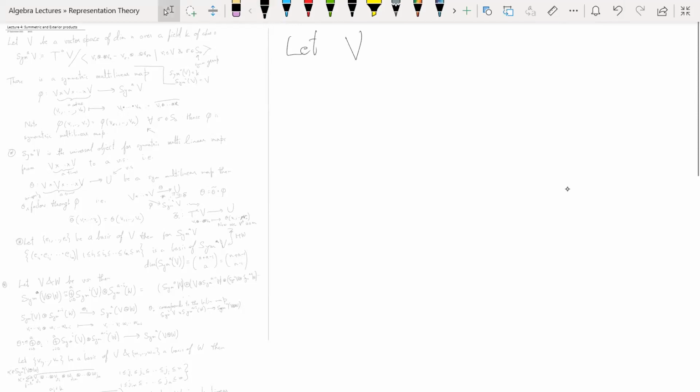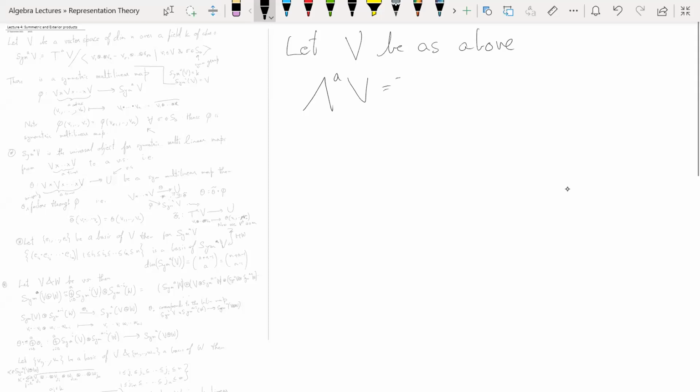One can define it, as I said, using quotients of the tensor power or using the universal property.